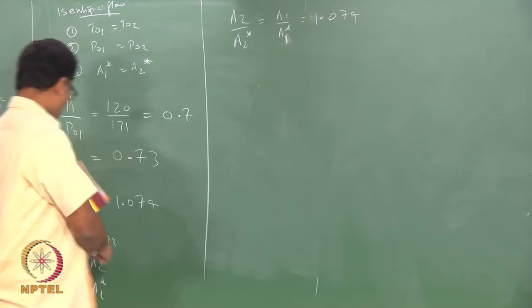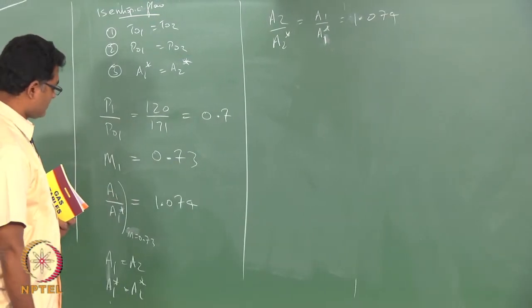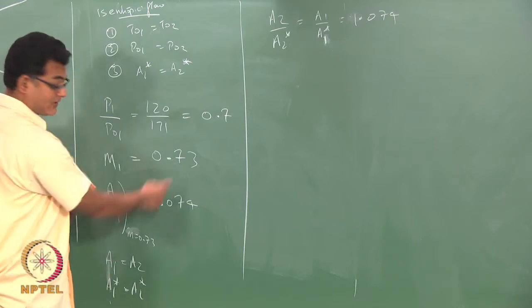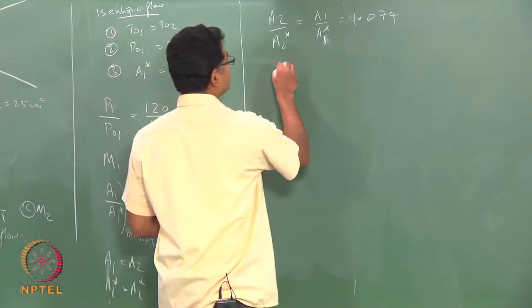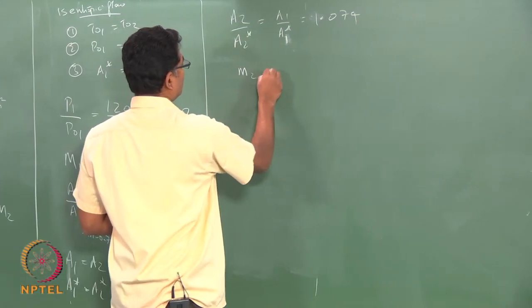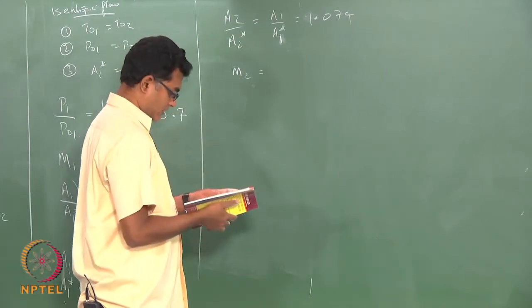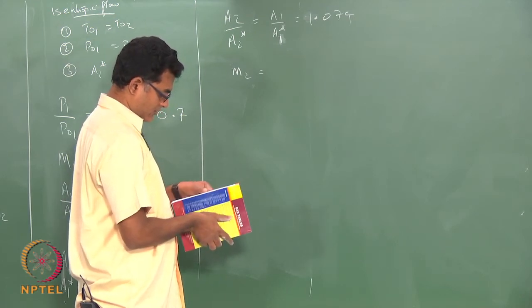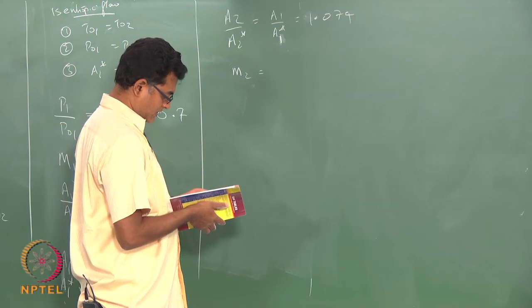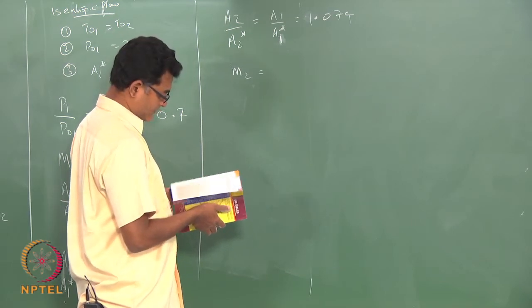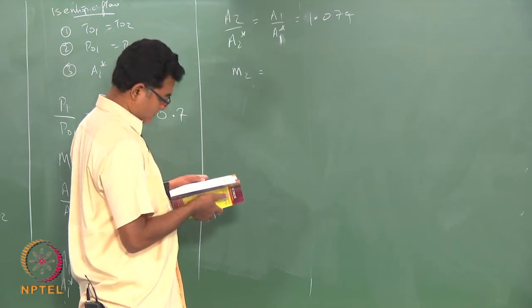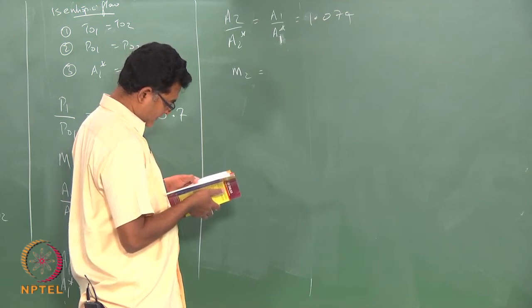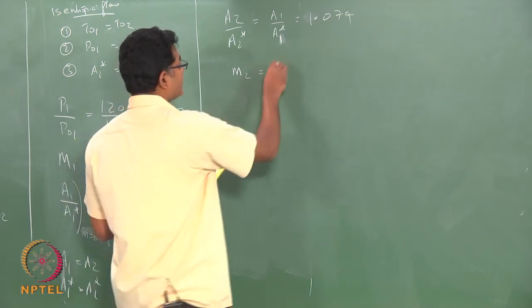So, this A by A star has two Mach numbers. One is already here, 0.73; the other Mach number, you look at the supersonic solution of this area ratio 1.074. 1.074 will give me a Mach number of 1.32.